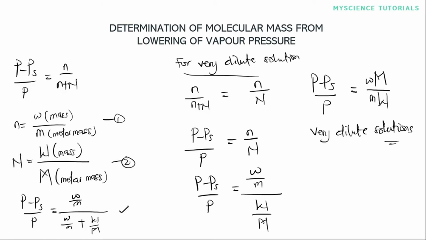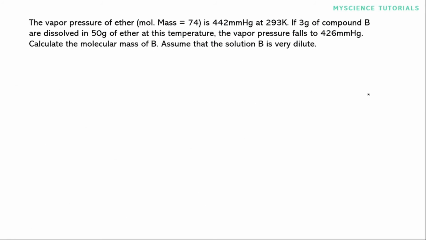All right, so let's have a look at two examples on how to use these derivations, that is, that of the normal one without very dilute solutions, and then the one where we use the very dilute solution formula. So the first one we want to look at is this: the vapor pressure of ether with a molar mass of 74 is 442 millimercury at 293 Kelvin.